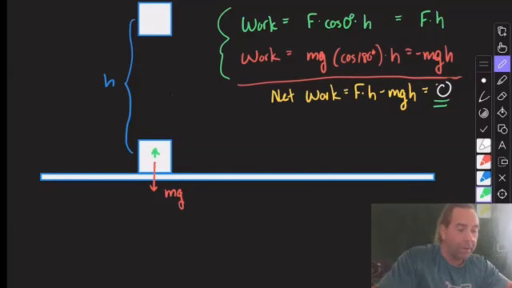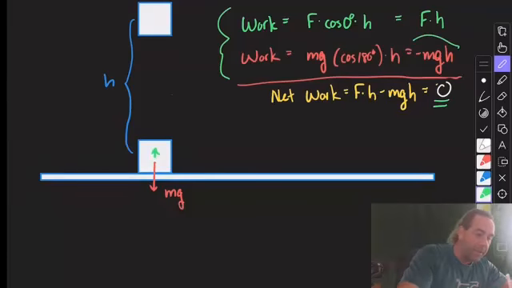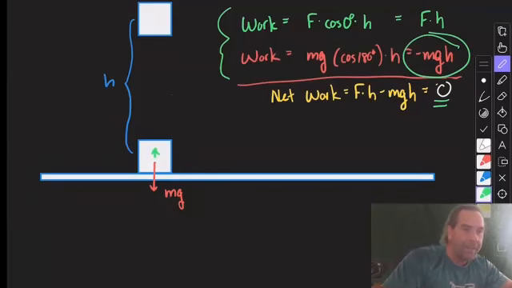Now, what I'd like to do is show you how in practice we tend to see this on the AP exam, but not without at least making sure that you see that working against gravity produces this negative amount of work, suggesting that there is a gravitational potential energy.